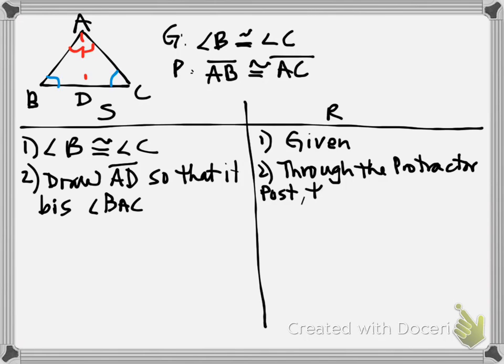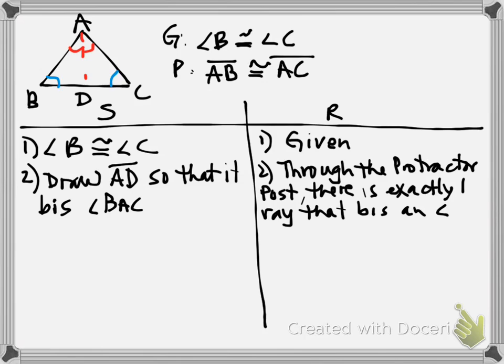There is exactly one ray that bisects an angle. Notice that the reasons are written in a general way and not a specific one. That there's exactly one ray AD that bisects angle BAC, we don't write that in our reason. We write that in our statement.